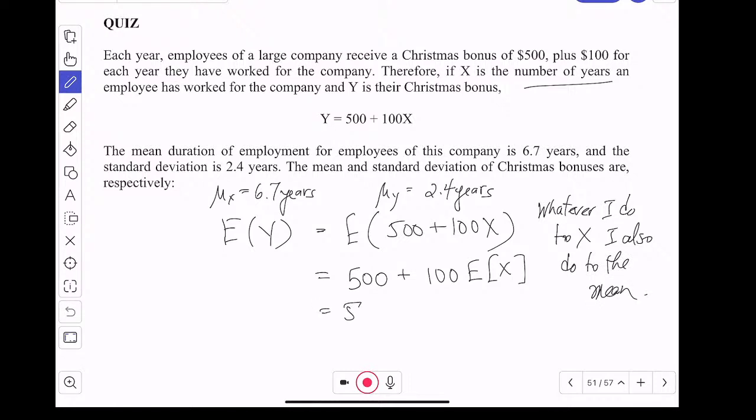And so this is 500 plus 100 times mu x. Oh, this was sigma. Thank you.